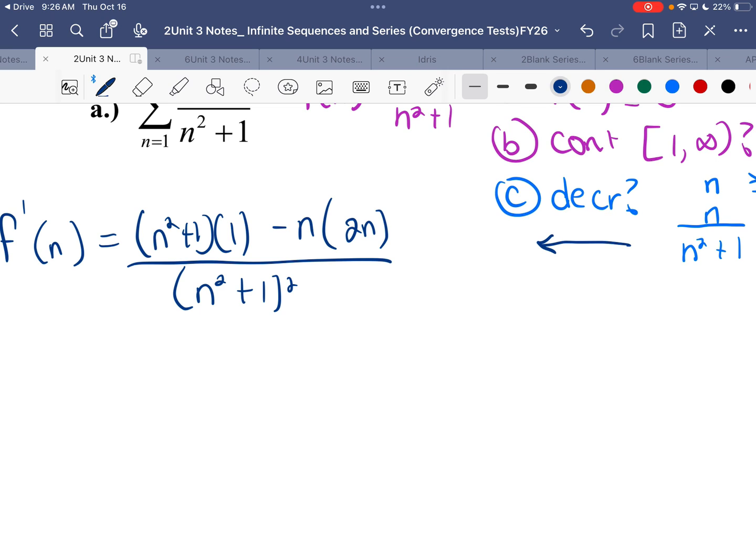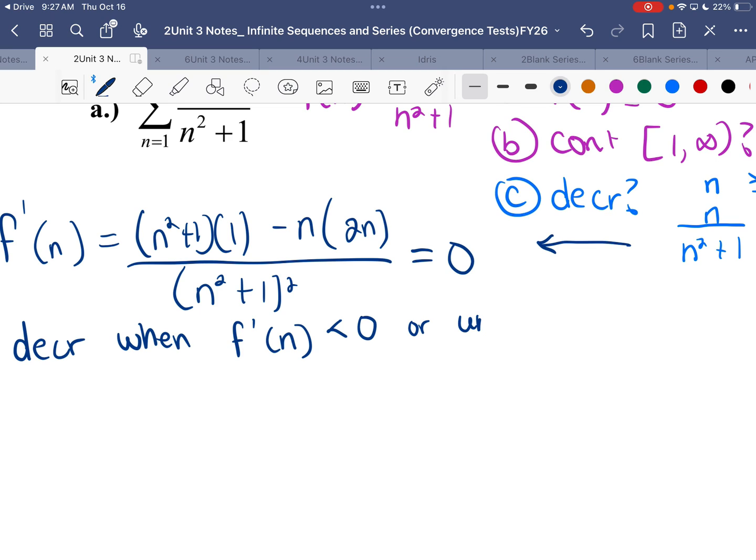Negative. So something is decreasing where the first derivative is negative. So I'm going to set it equal to 0. Something is decreasing where it is less than 0 or undefined, like the critical numbers are the undefined points. Is this ever going to be equal to 0? Never equals 0.